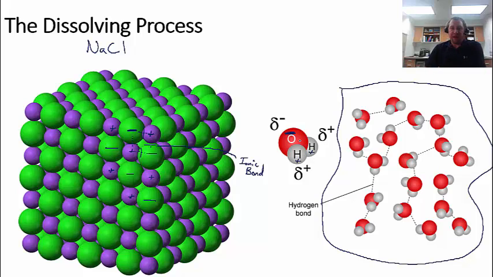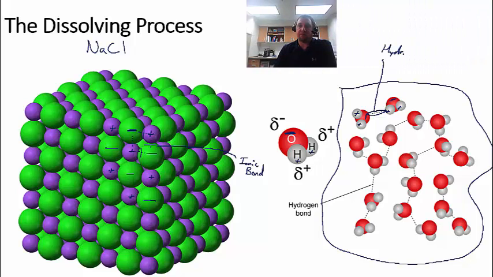So it acts kind of like a little magnet. And if we zoom in on these water molecules, we have the negatively charged oxygen and positively charged hydrogens. They are actually attracted to each other. And you can see the line here indicates that there's a bond there. In fact, that bond is called a hydrogen bond. And in order for water to now act on this sodium chloride, these hydrogen bonds have to break.